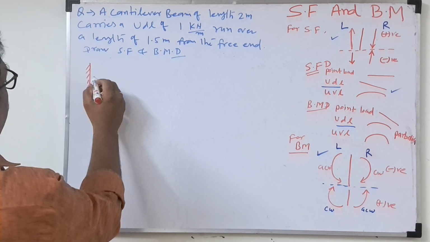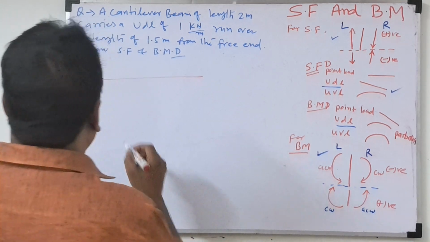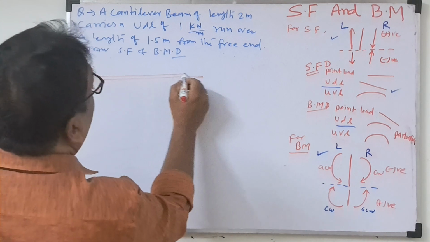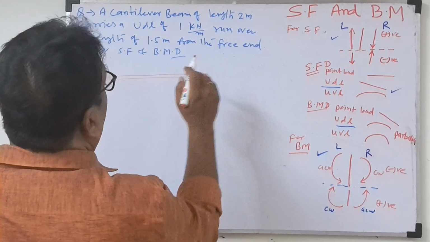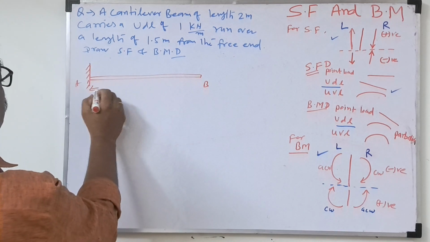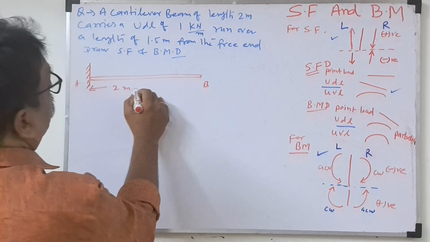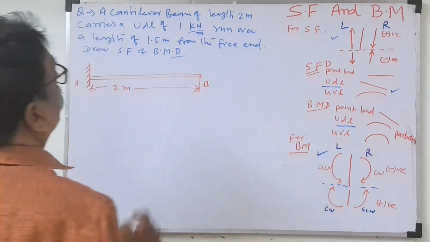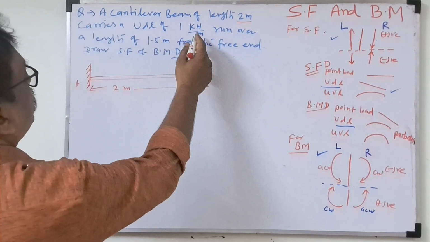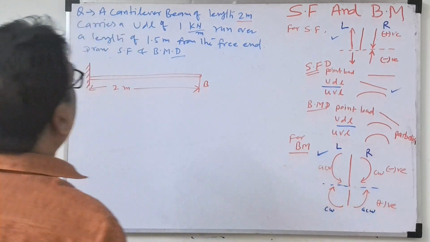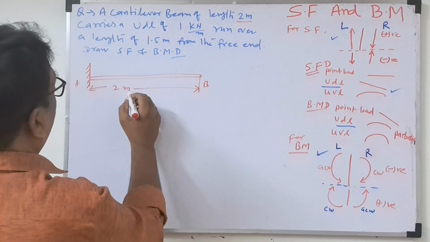The cantilever will be fixed on one side and free on the other. Suppose we take one beam, A B, and this is the free end. The length they gave is 2 meter. Now it carries a UDL of 1 kilonewton per meter run over a length of 1.5 meter from the free end.